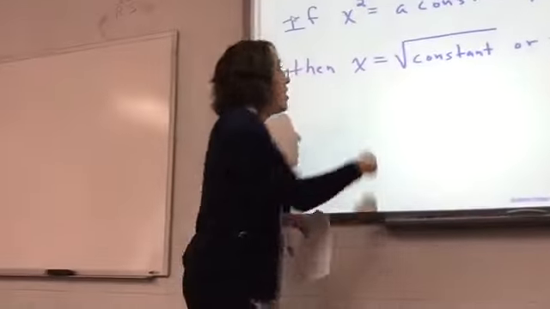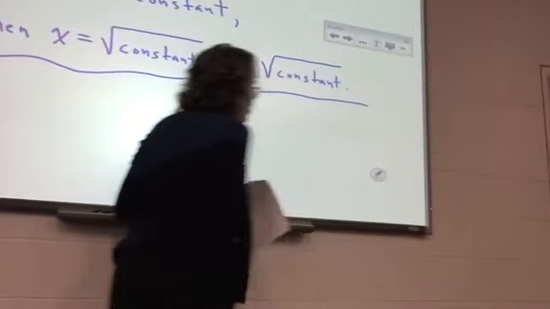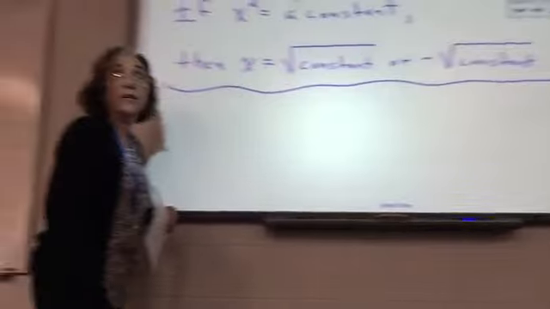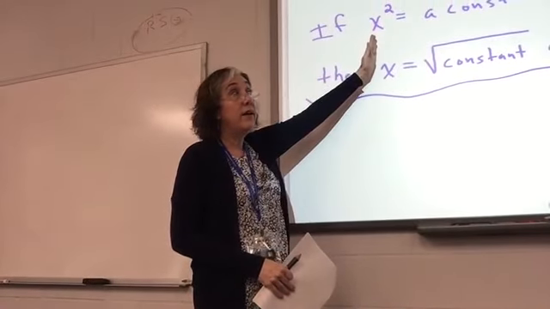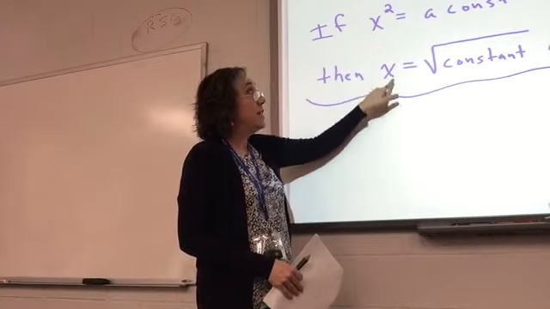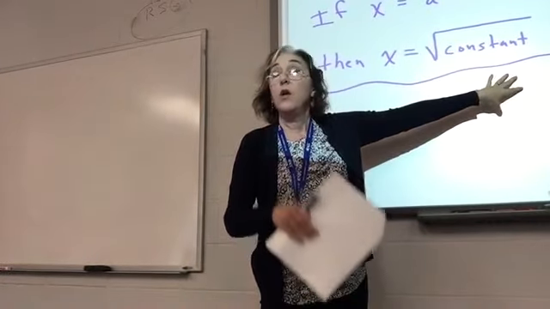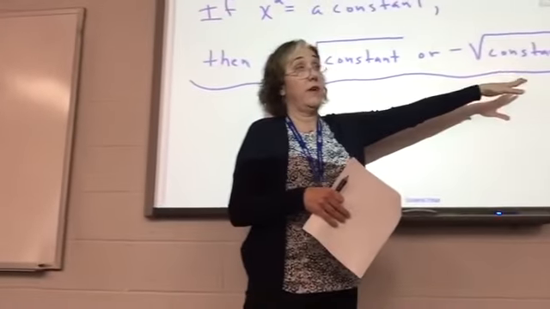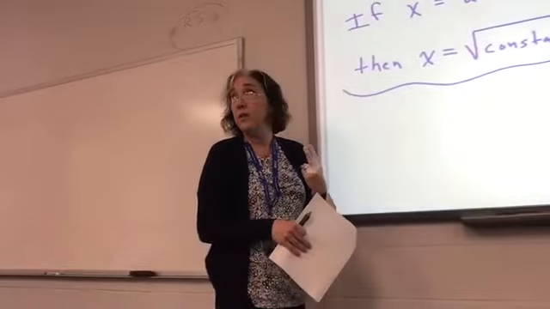Okay, and then we're going to solve using that property. So it's not taking the square root of both sides that I'm going to be doing. I'm going to say, once I have an isolated square, then whatever it is that's being squared is equal to the square root of the other side. Or the opposite of that. And that's where we get the two solutions.